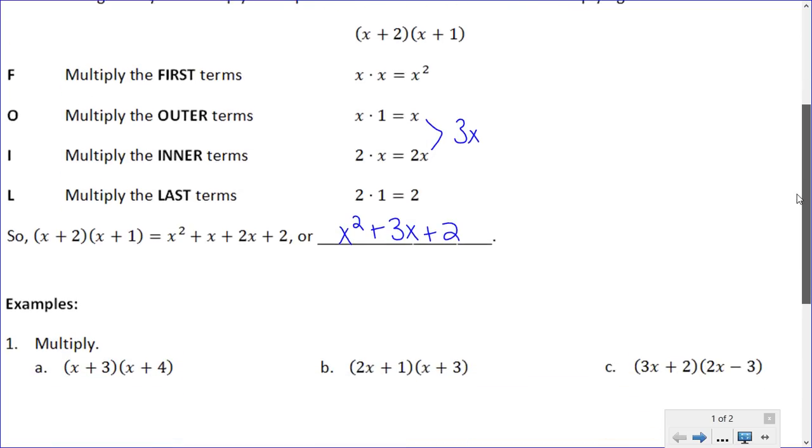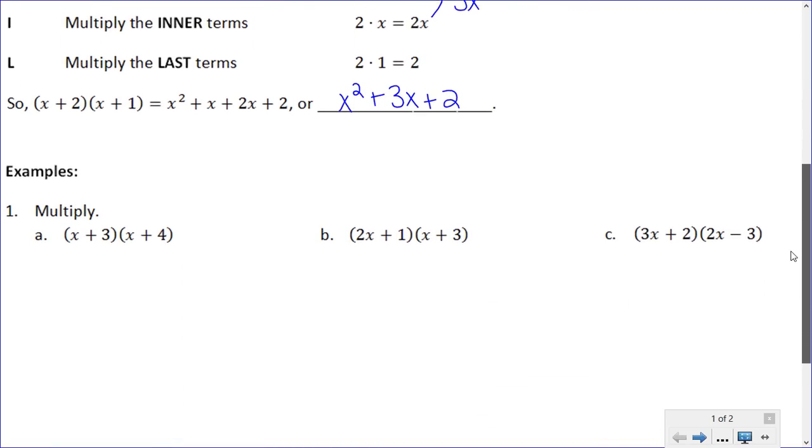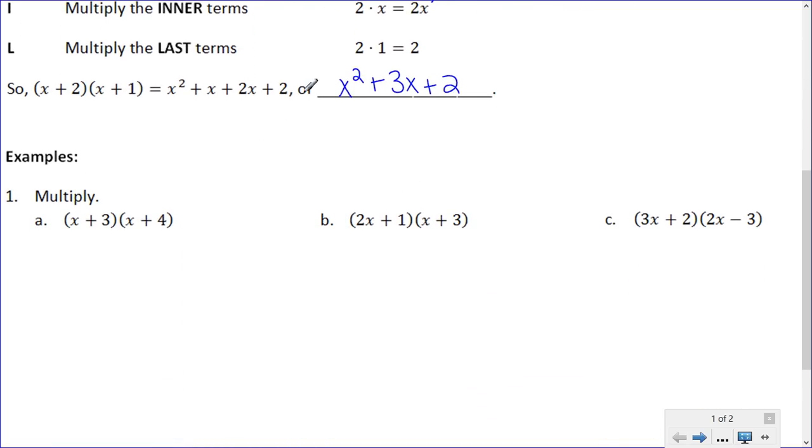All right, so let's see what this looks like in some examples. For each of these, we want to multiply. For the first one, we're multiplying x plus 3 times x plus 4. I'm going to write out the acronym. Normally you wouldn't write this out, but this allows you to see where each of those products comes from. We first multiply the first terms in each one. So that's the x in this one and the x in that one, and x times x is x squared.